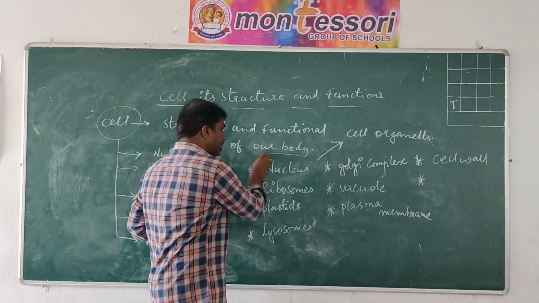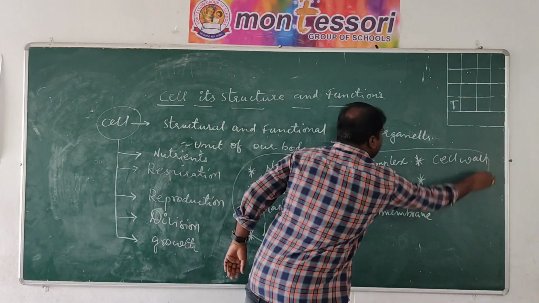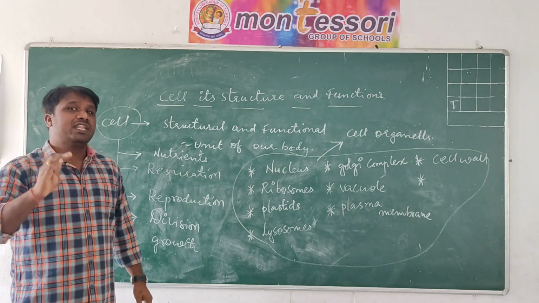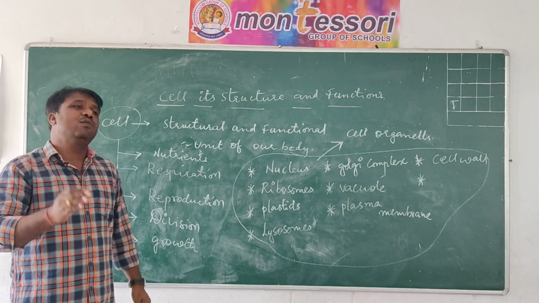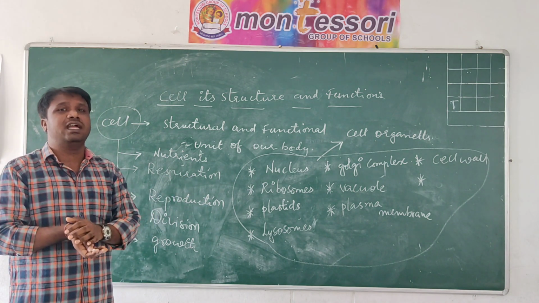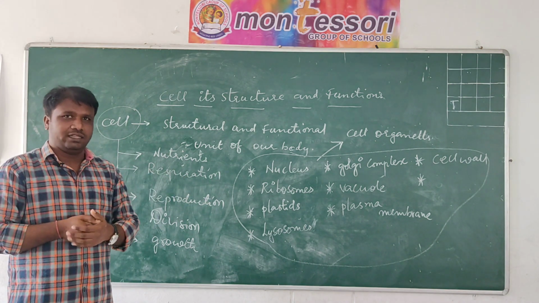And we are going to learn what is the difference between a plant cell and an animal cell, and what are the common things between plant cell and animal cell.